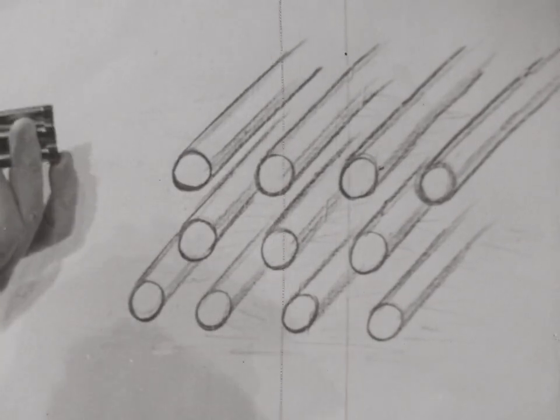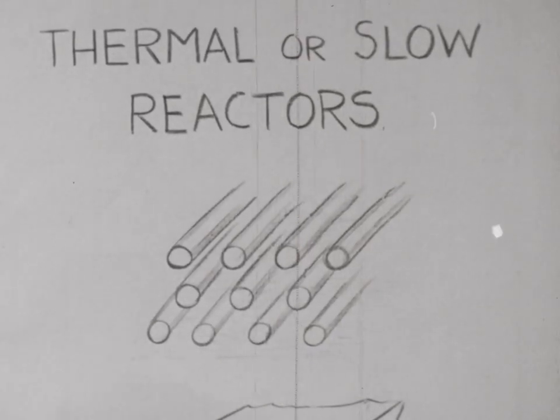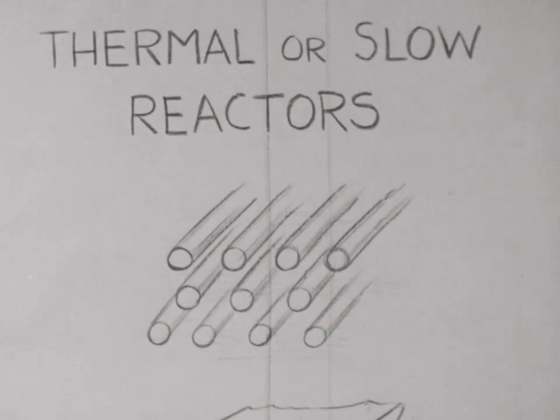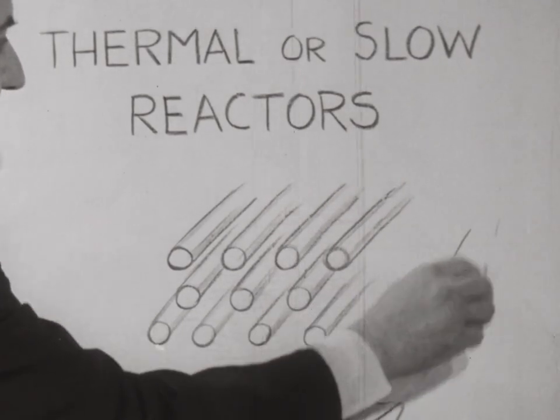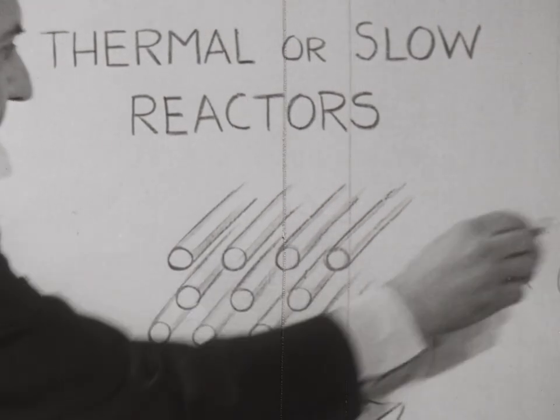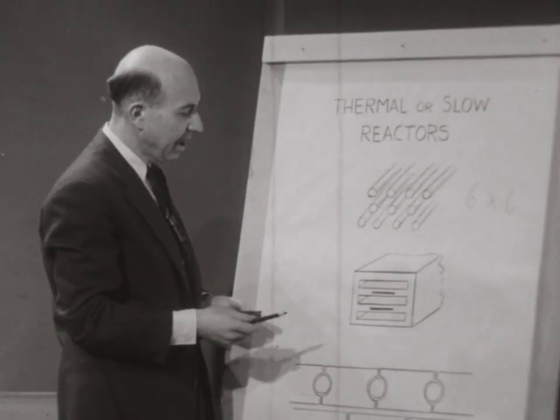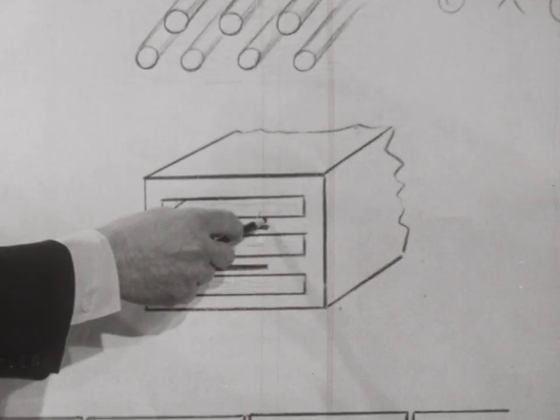Of course, the actual reactor has many more fuel elements than this. It might have 50,000 or 100,000 such tubes making up the complete reactor. And typically, a reactor of this size might be about 6 feet in diameter by about 6 feet high. I can show another type of light water moderated reactor with a plate type fuel element.